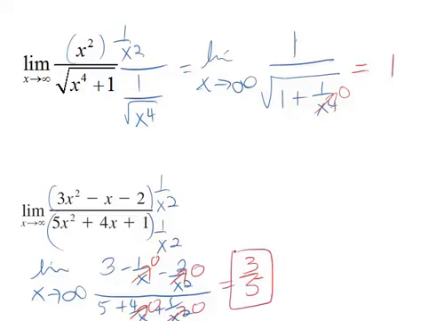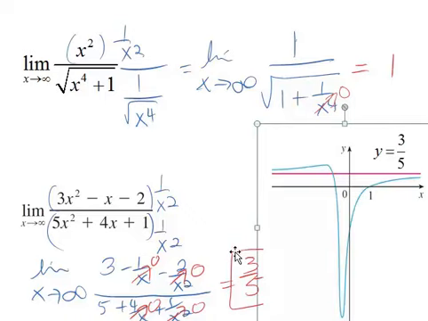What this essentially means, because x was approaching infinity and we get the limit equals 3/5, is that 3/5 is a horizontal asymptote. And in fact, as we look at the graph here, we see that as we let x approach infinity, there's our horizontal asymptote of 3/5.